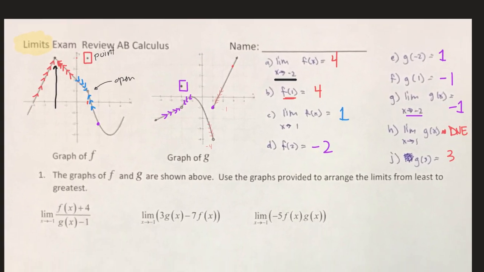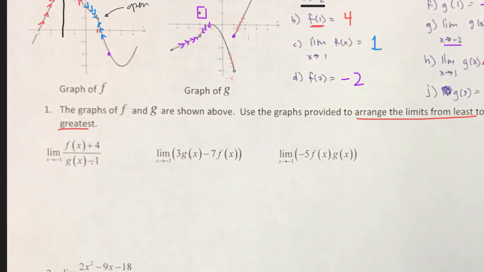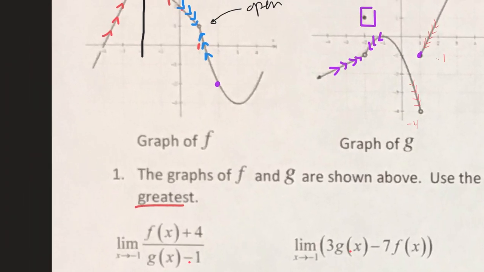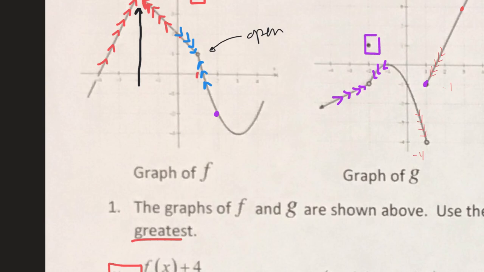Okay, so down here it wants you to arrange the limits from least to greatest. So which of these three has the smallest answer? That's what it's asking for. It has some properties of limits. We're talking about the limit as x approaches -1. So for f, the limit as x approaches -1 is what y value?